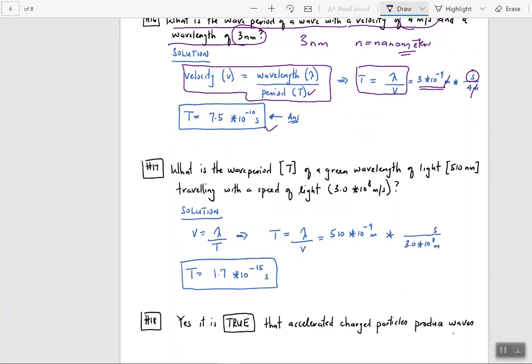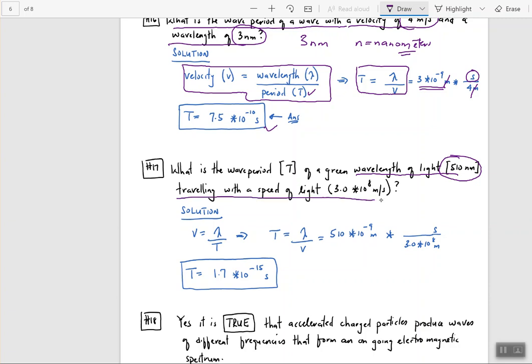Okay. Now, number 17 is asking, what is the wave period of a green wavelength of light, which is 510 nanometers, traveling with the speed of light, 3 times 10 to the 8 meters per second. Again, this is our established equation showing a relationship between the velocity, the wavelength, and the period.